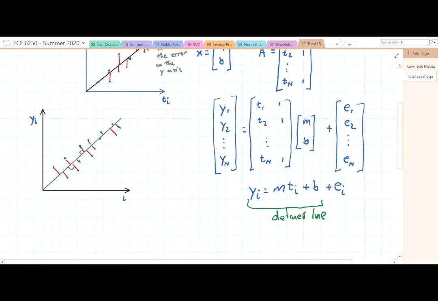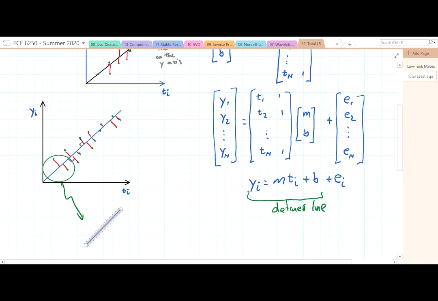We have our ti's and our yi's. So if we were to zoom in at say this point right here, and take a look at that. We have our line.